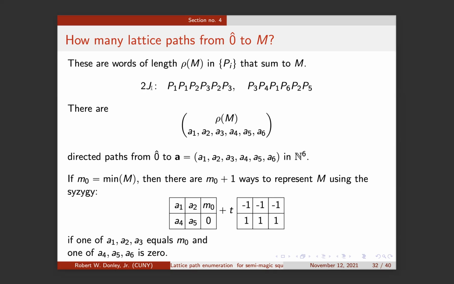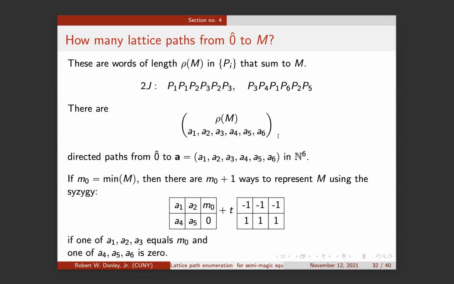So for instance, for 2J, all I need is either 1, 2, 3, 1, 2, 3, or 1, 2, 3, 4, 5, 6, or 4, 5, 6, 4, 5, 6. You need 3 different types of sums to consider there. And so the idea is going to be, in general, what you would do. Okay, the contribution from the unique elements, say, would be just this multinomial coefficient with 6 parts.